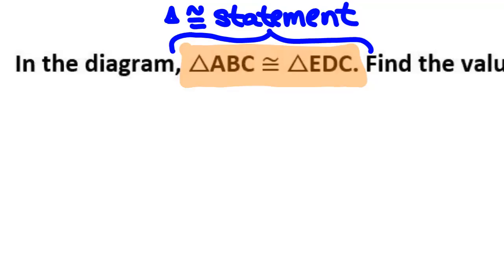I'm wanting something with that triangle shape at the beginning, then 3 vertices, congruent to triangle shape, 3 vertices, making sure to match up the corresponding congruent parts. So the first 4 problems on the activity from yesterday, I wanted you to write statements like this.